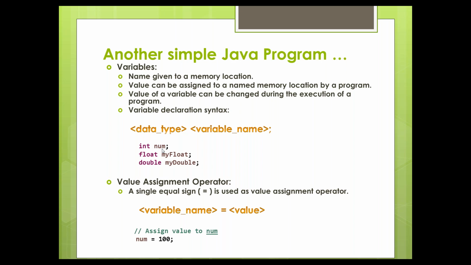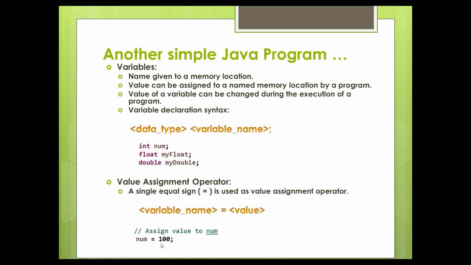The syntax for that is you specify a variable name, then equals, and then the value you want to store in that variable. But this value has to be of the type declared while specifying the data type of that variable. For example, for num, the data type we defined is integer.